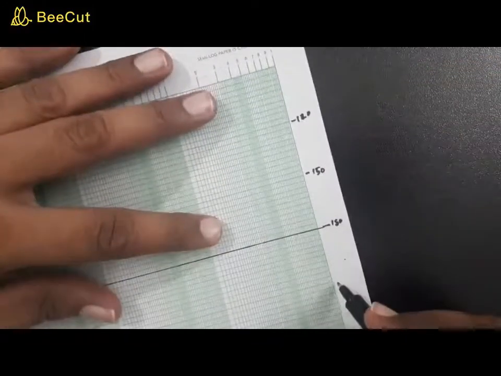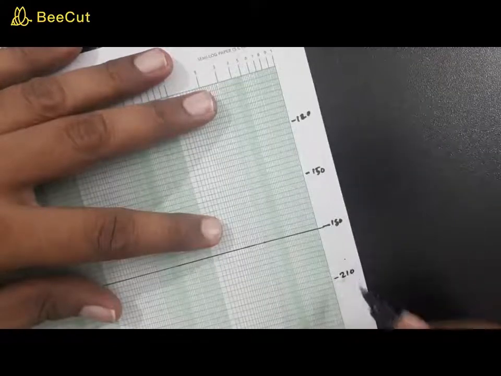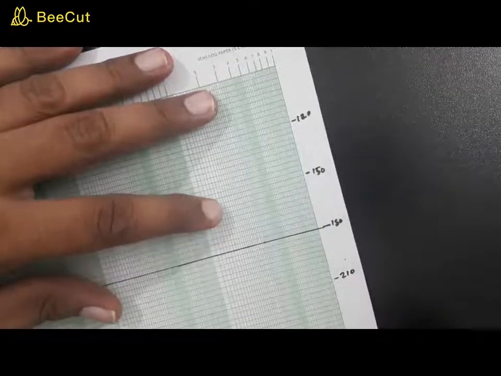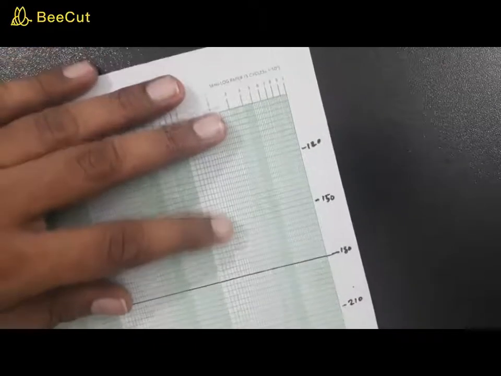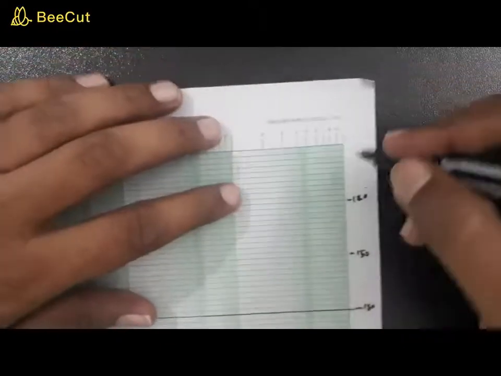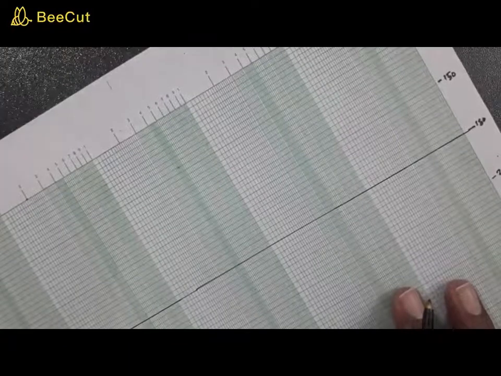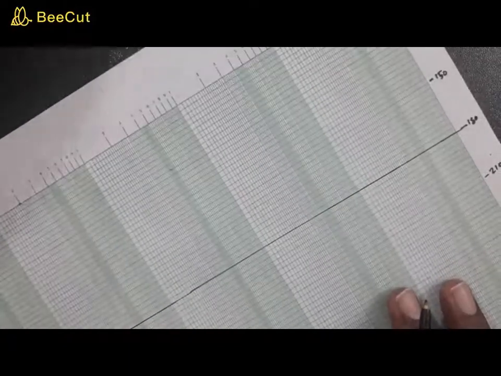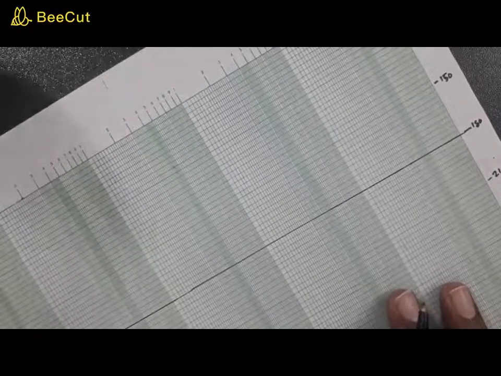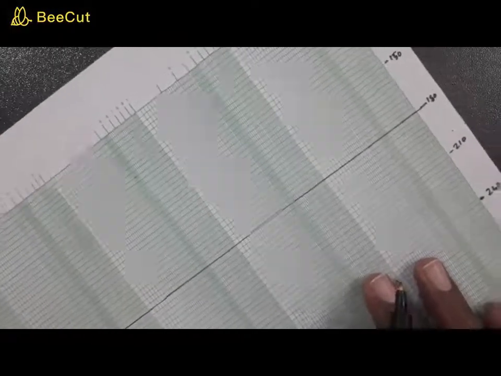And this will be minus 210, minus 240, and so on. So this is your phase angle plot, and you may draw it just as we have drawn in the previous problems. I'm not going to do it for you. Anyway, you may do it, and you will be getting the graph.